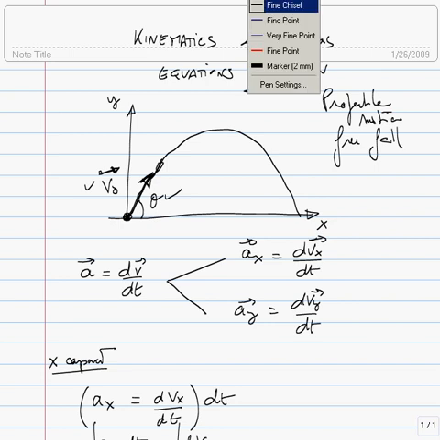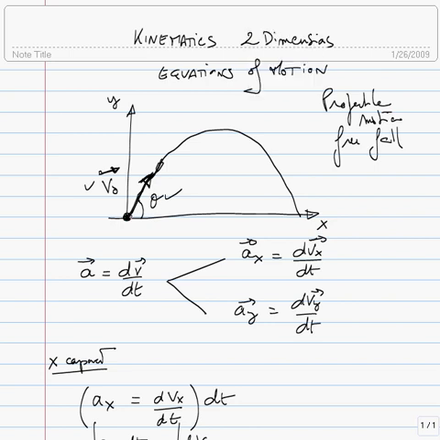From there, we can easily decompose this initial velocity as v naught x and v naught y. So the same way as we have decomposed vectors previously, we can decompose v naught as v naught x plus v naught y.